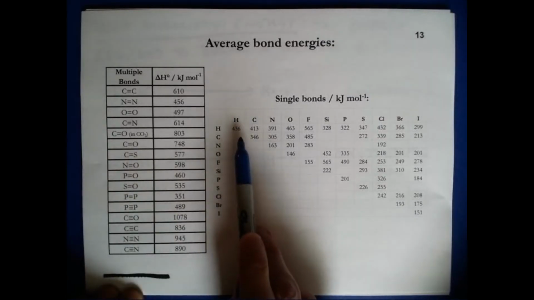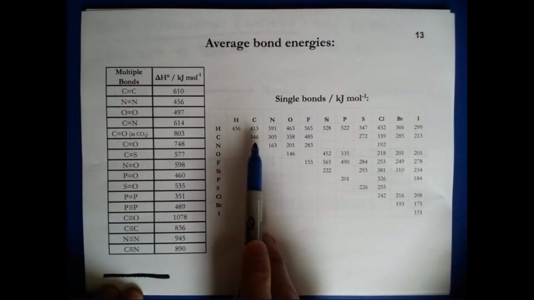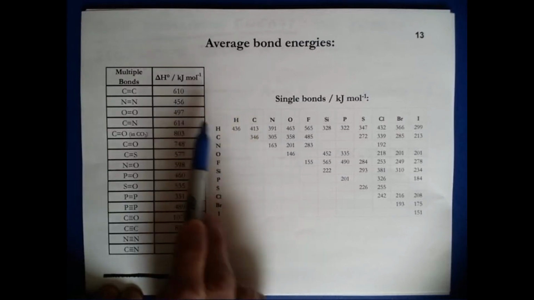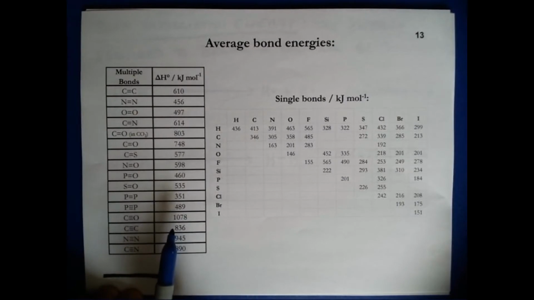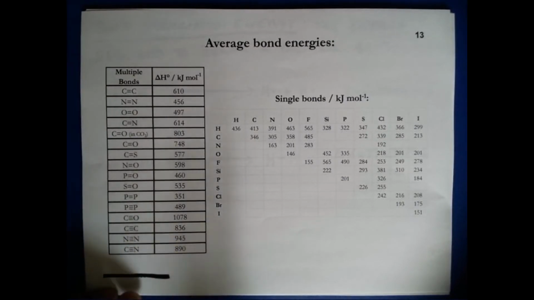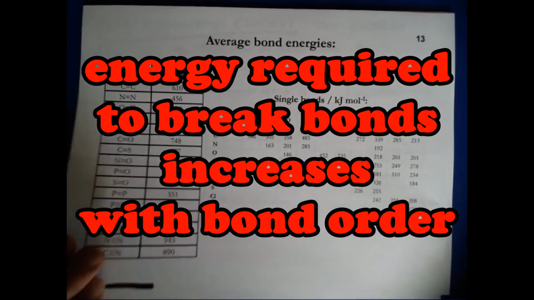Let's see, what's a carbon-carbon single bond look like? That looks like 346 for a carbon-carbon single bond. So as we go from a single, 346, to a double, 610, to a triple bond, 836, we see that as bond order increases, bond energy also increases.